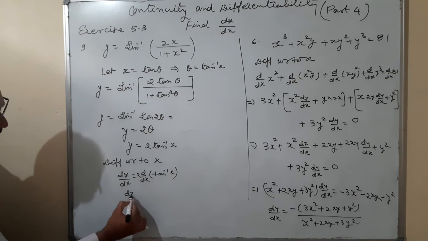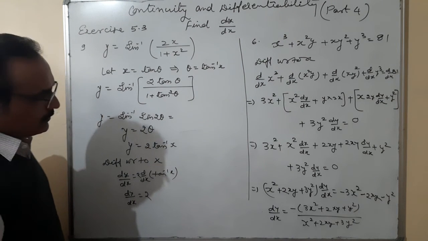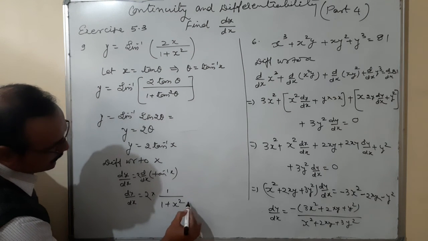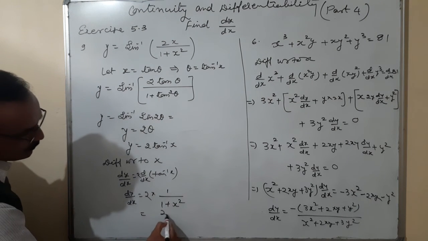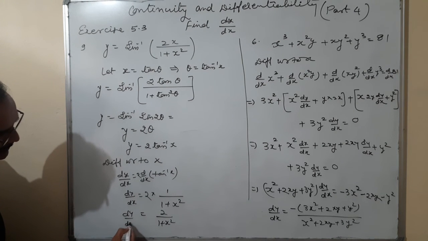So that means dy by dx is equal to 2, and the differentiation of tan inverse x is 1 upon 1 plus x square. So the result is 2 upon 1 plus x square is dy by dx. Okay.